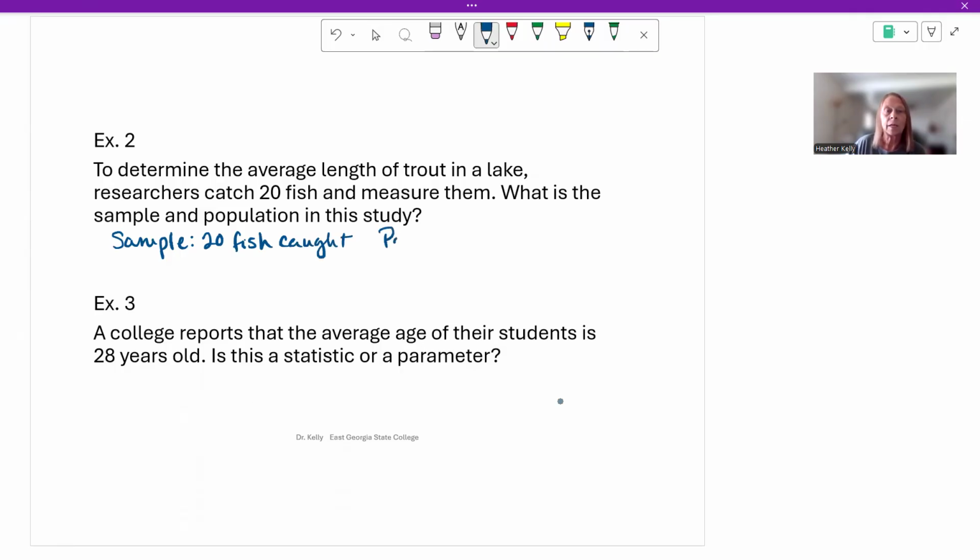And the population, well, that's where we caught the fish, so that would be all fish in the lake. So that means at some point they were throwing back fish if they weren't getting trout or whatever.